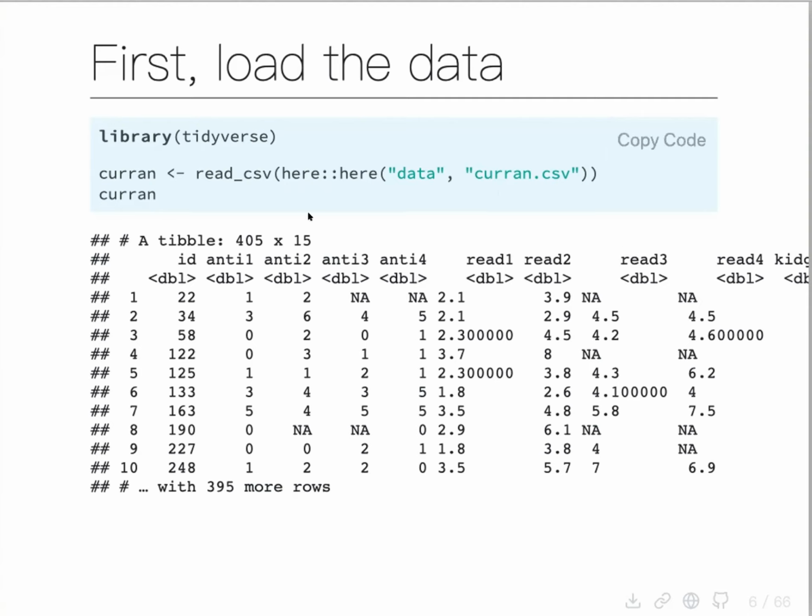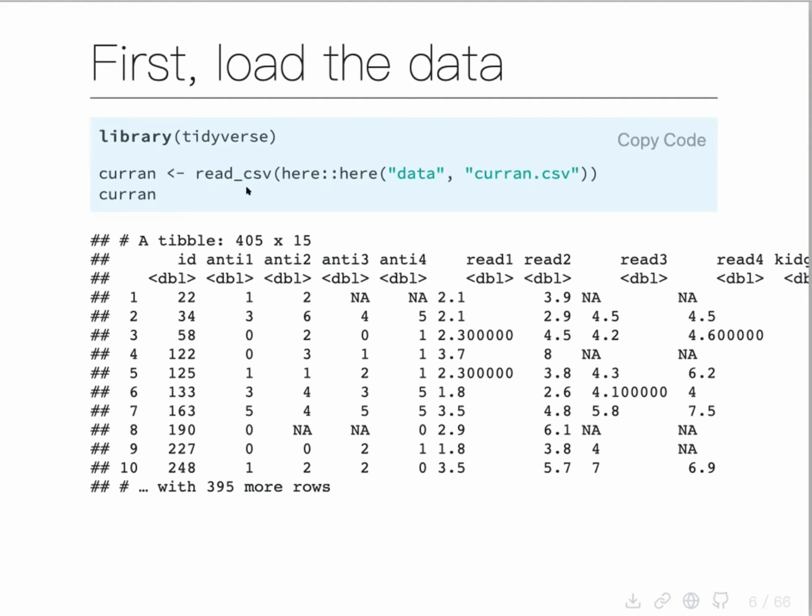So library tidyverse is going to load a bunch of packages. It's going to load dplyr, tibble, ggplot, purrr, all sorts of packages. And you'll get a message printing out telling you which packages it's loading. Then I'm going to read CSV to get this current data, which is a CSV.